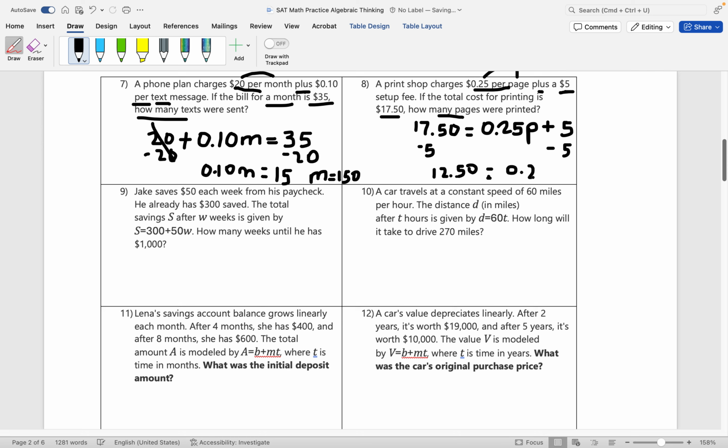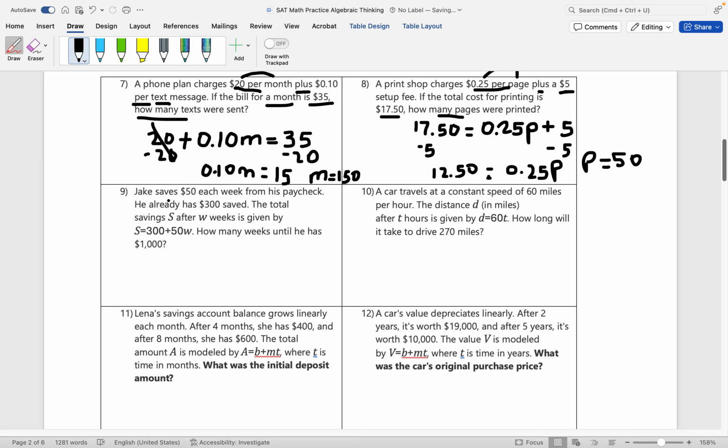Once again, we have multiplication, and like I told you before, to find out how many pages, we're going to divide because the opposite of multiplication is to divide. So 12.50 divided by 0.25 gives you a total of 50 pages. So there were 50 pages printed in this question.